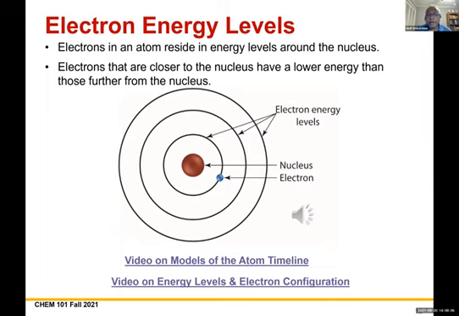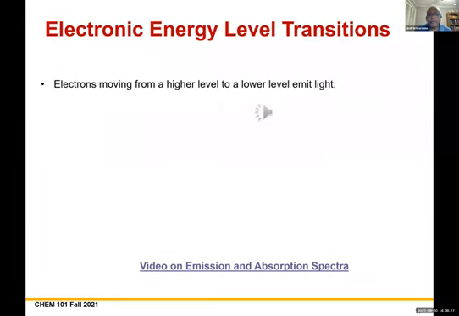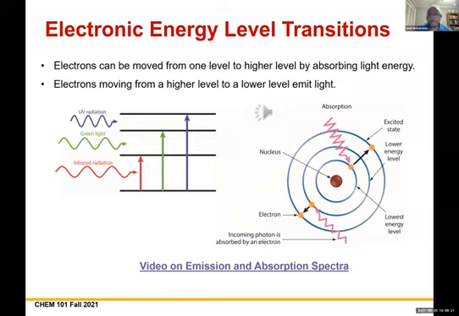Energy could be in the first shell, second shell, or third shell. They have discrete energies. So when electrons jump from high energy to lower or vice versa, like in the diagram on the right, when you jump up from low energy to high energy, it absorbs energy.